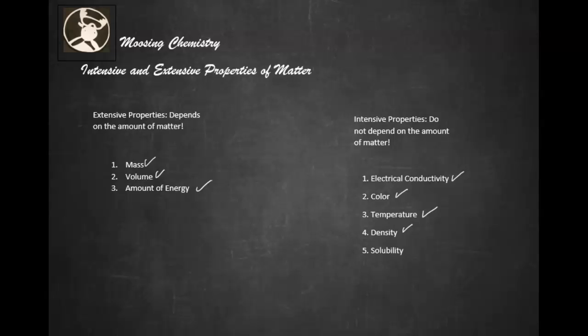Like, for example, 1 crystal in a gallon or 2 crystals in a gallon, they both will dissolve. So the fact that you had a gallon of dihydrogen monoxide to dissolve 2 salt crystals doesn't really matter. So solubility itself is not an extensive property, it's an intensive property.